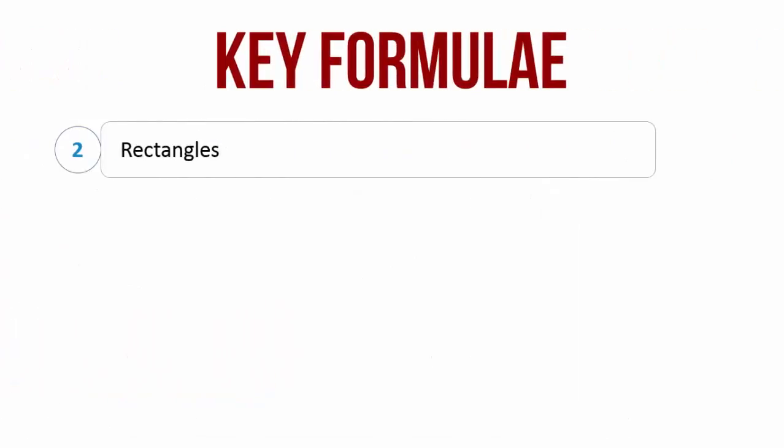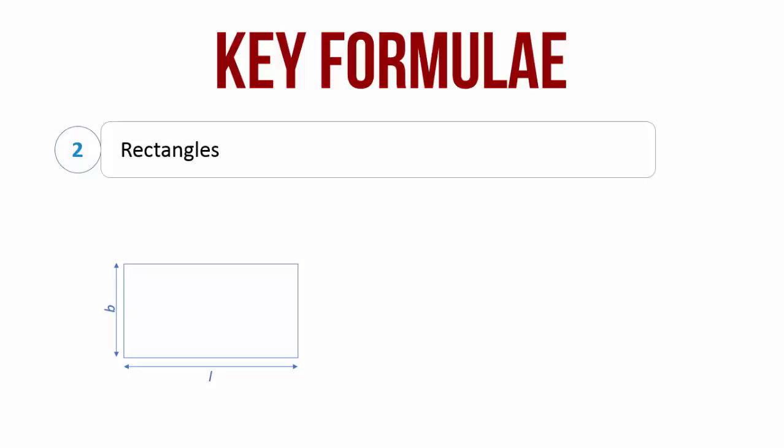The next shape we shall look at is a rectangle. Now a rectangle is a shape with four sides where each side is perpendicular to the other side, that is, two sides of a rectangle make the angle 90 degrees just like a square. However, the four sides are not of equal length. Two sides will be of one length and the other two sides would be of another length.